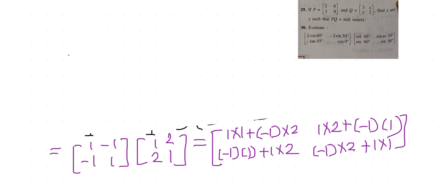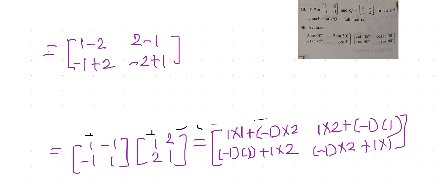So this is equal to, see, 1 into 1 is 1. So 1 minus 2, and then here you have 2 plus minus 1. So this is 2 minus 1. Then here I am getting what? Minus 1 plus 2. Okay, and here minus 2 plus 1. So how much you are getting, children?